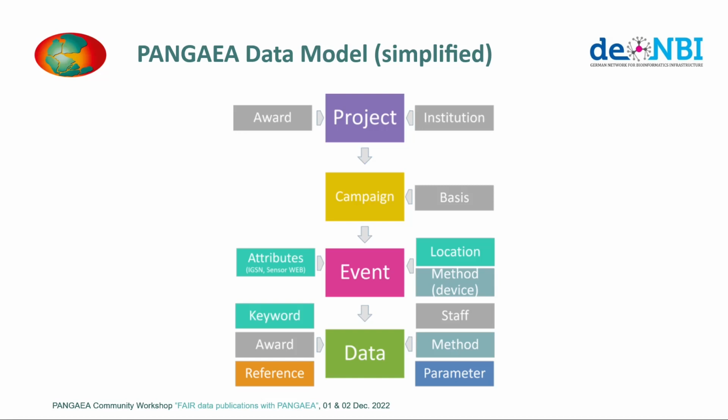PANGAEA is a relational database, which means that, for example, staff information can be used in several places within the database. So we only have to enter a record once and then can use it, for example, in the campaign, where we use staff information about chief scientists, in references as paper authors, and also as dataset authors.